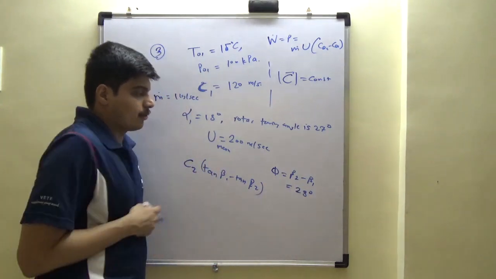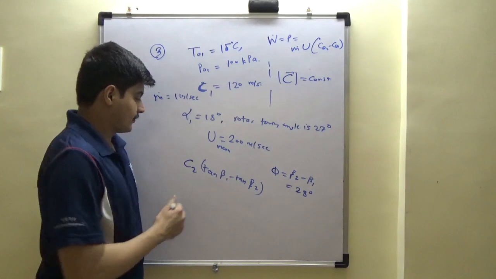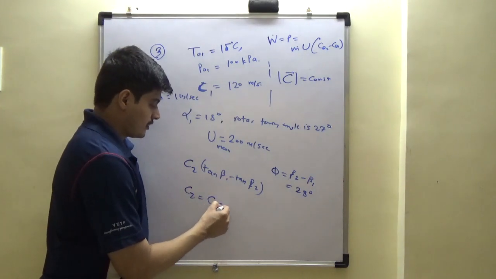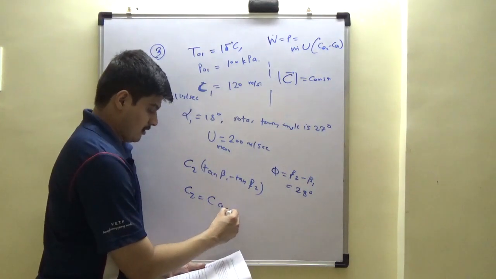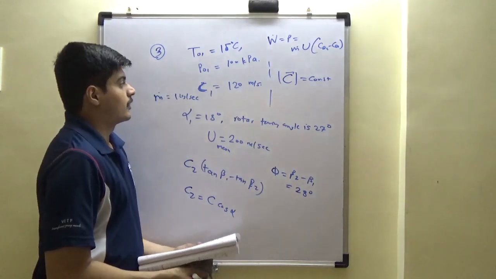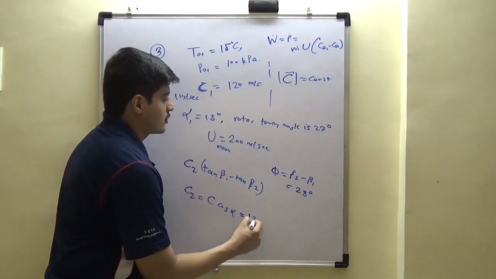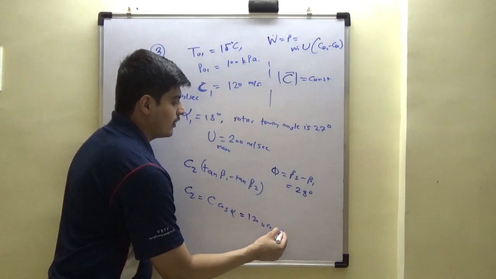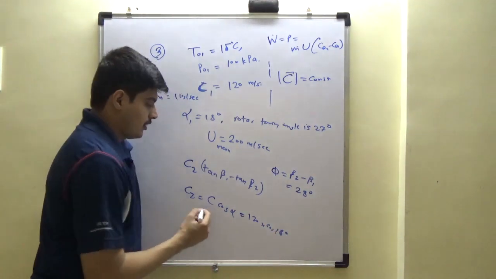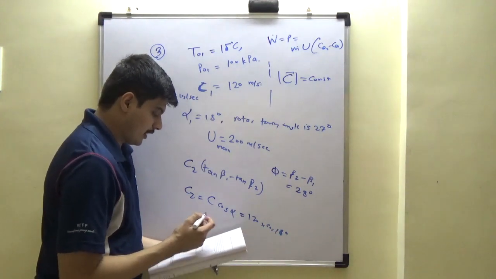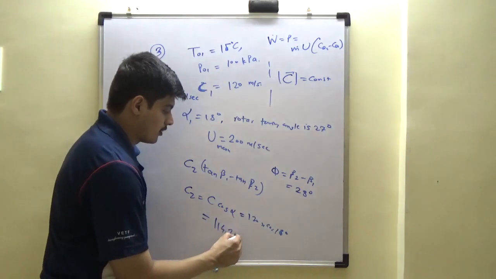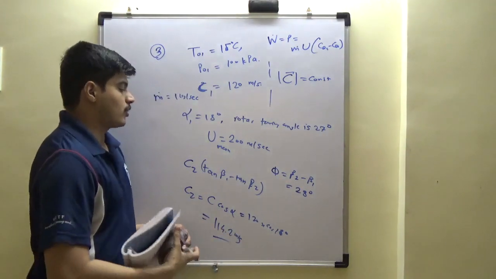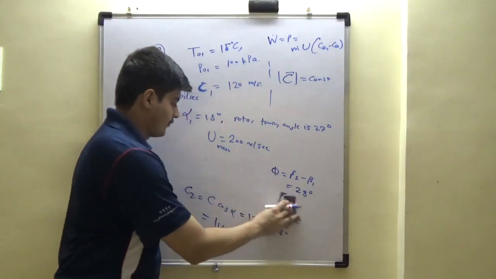It is rotating the flow through this relative angle. What is Cz? C cos alpha, cos of 18 degree. So this is 120 into cos of 18 degree. If you do this on your calculators, you would get this as 114.2 meter per second. So I know the axial velocity, Cz.